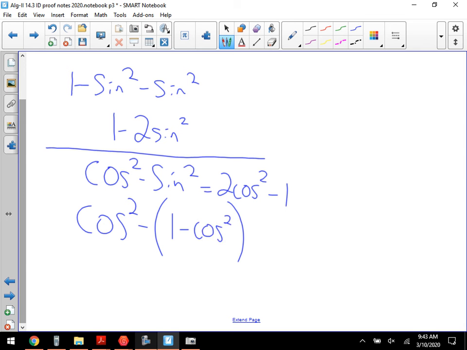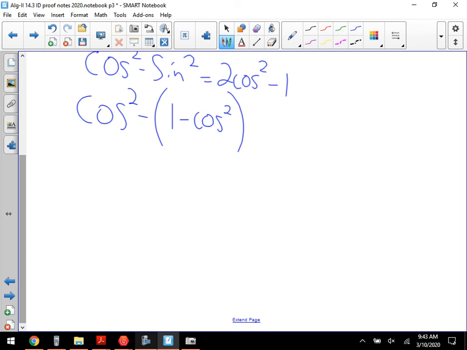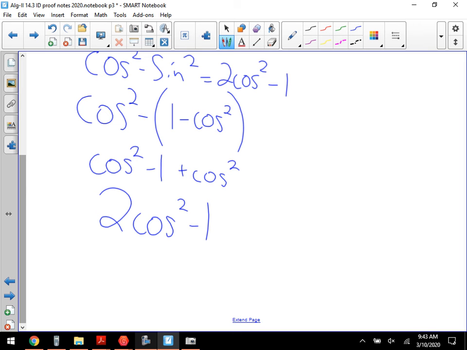You have to put it in parentheses so you distribute it out correctly. You got to distribute your negative. So you have cosine squared minus 1 plus cosine squared. Very, very common trick there by multiplying those things out.